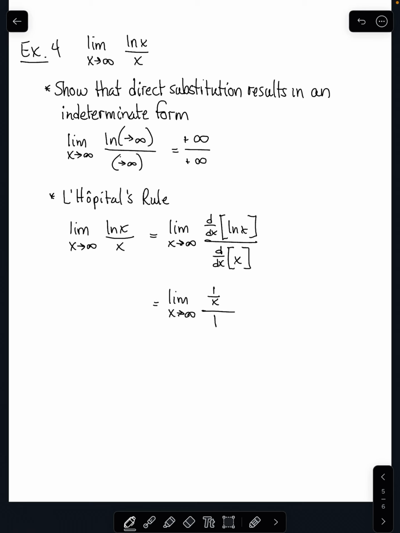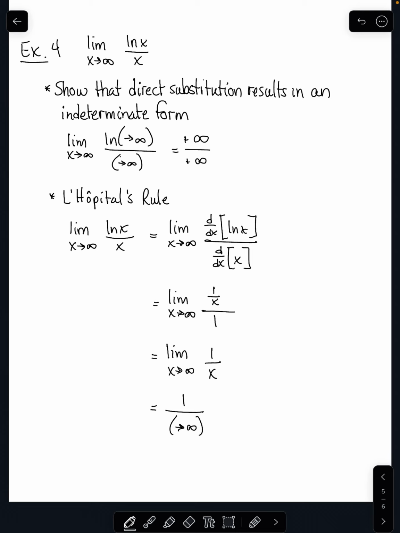At this point, we can simplify that expression to simply write it as the limit as x approaches infinity of 1 over x, which, again, has broken the indeterminate form because the numerator will no longer approach infinity. Direct substitution now will give us 1 over something that is approaching infinity.